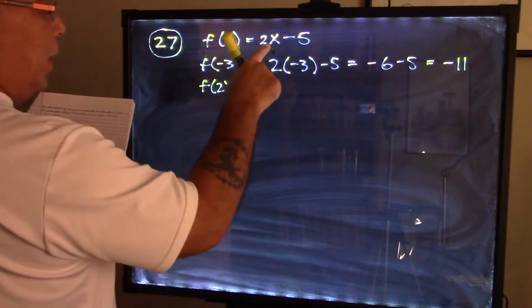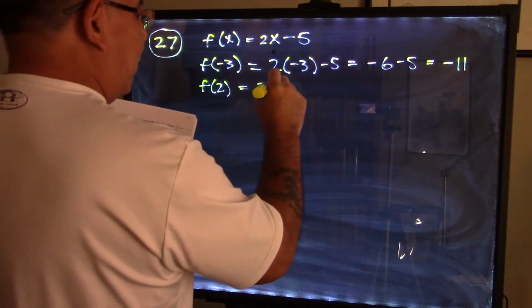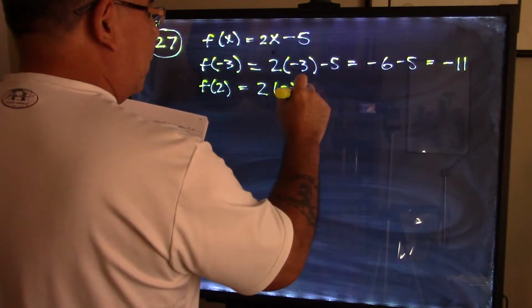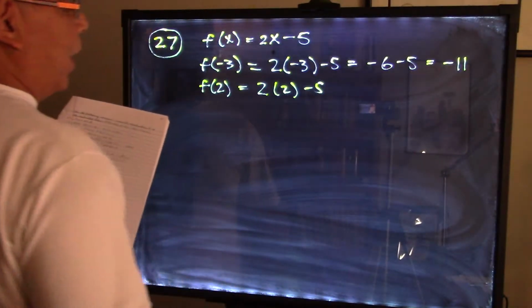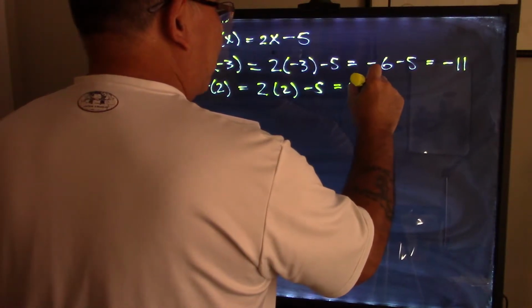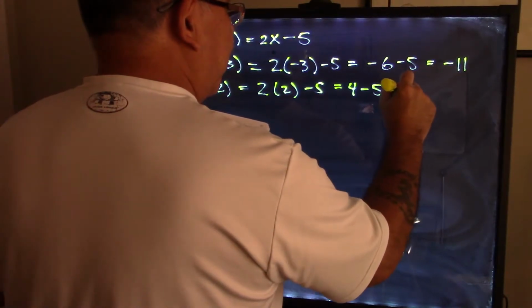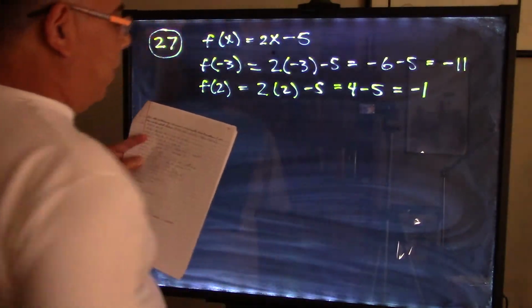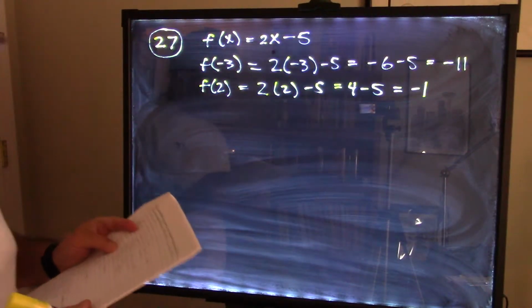So the 2 goes in the x in the formula. That's 2 times 2 minus 5. So that's 4 minus 5. And that's negative 1.